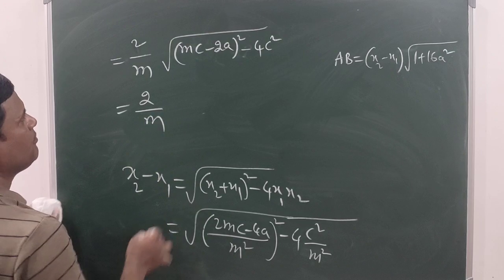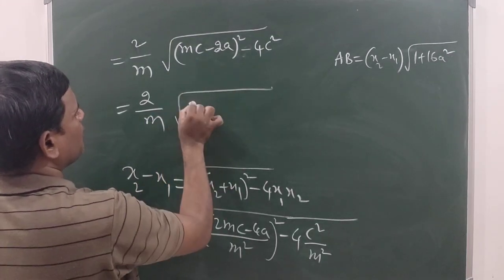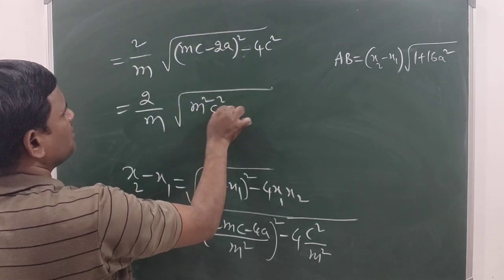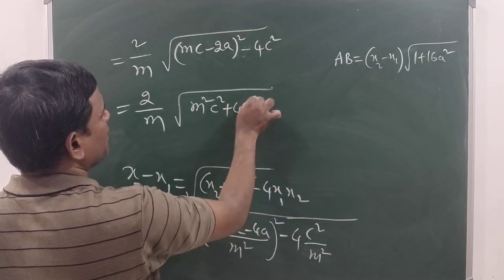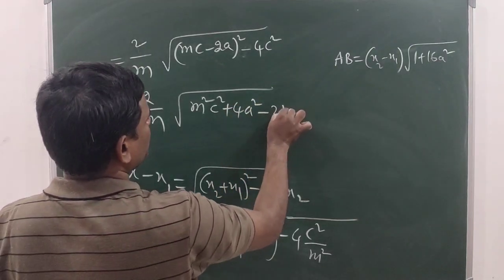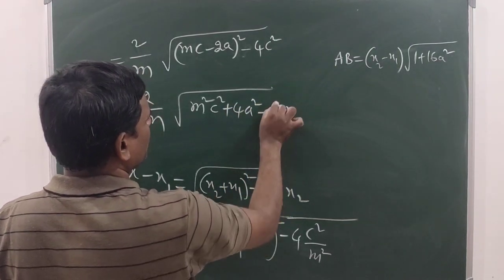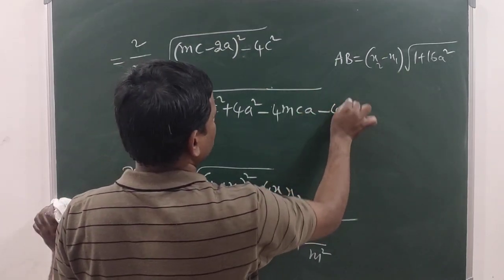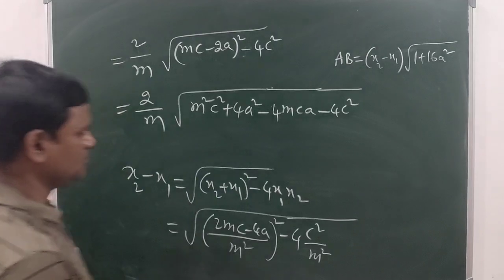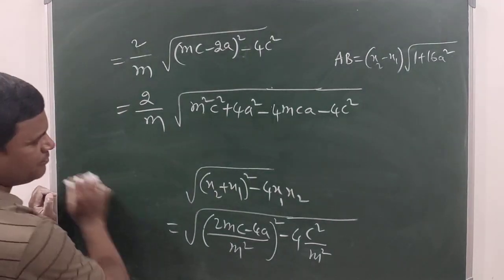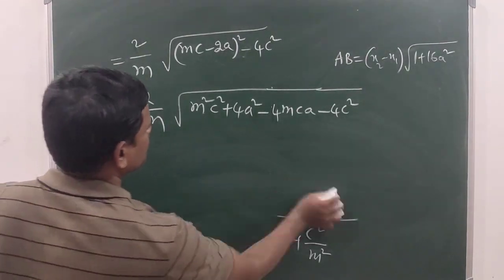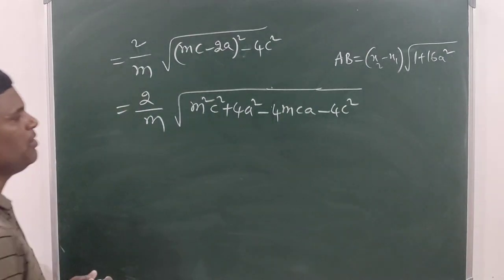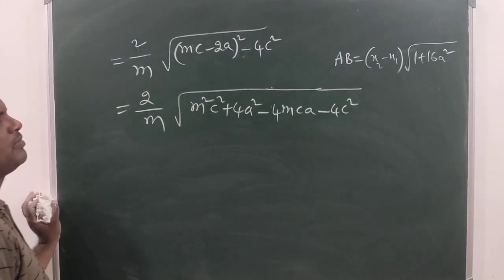2 by m square root of m square c square plus 4a square minus 4mca minus 4c square. On simplifying this, what do you get?